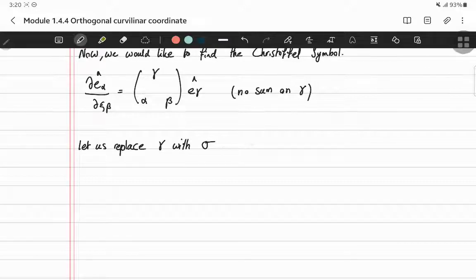So I'm going to have the partial derivative of e alpha with respect to Z beta is equal to sigma, then alpha beta e sigma, and of course no sum on gamma.